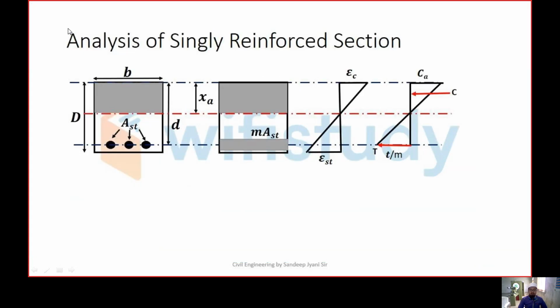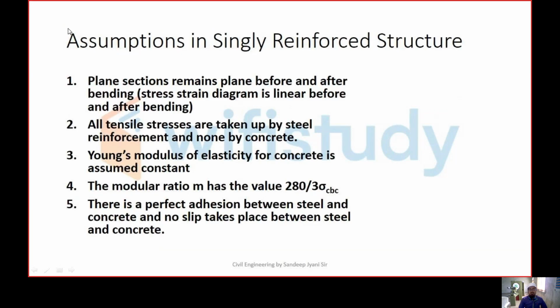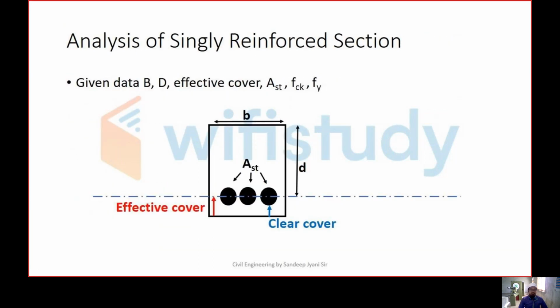If a slip takes place between steel and concrete, what happens? Obviously, then it will be subjected to failure. And coming to analysis of singly reinforced section, there is an effective cover. There is a term also known as clear cover, which is nothing but the nominal cover.